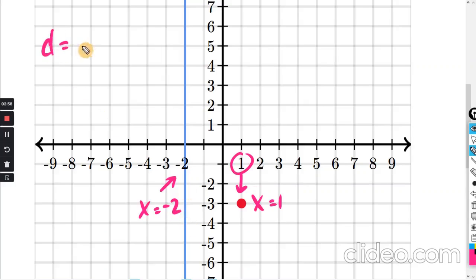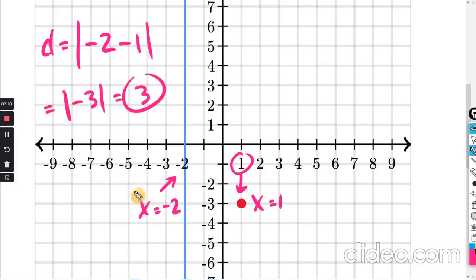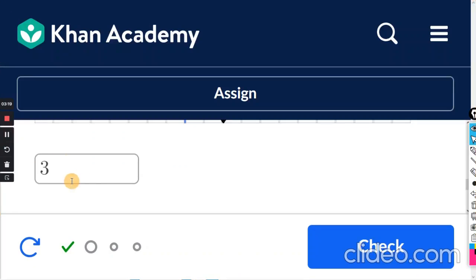So the distance would just be the absolute value of -2 minus 1. All right, and that's the absolute value of -3, which is just +3. So that's what we said before, that would be the distance. So click in the box and just type 3.